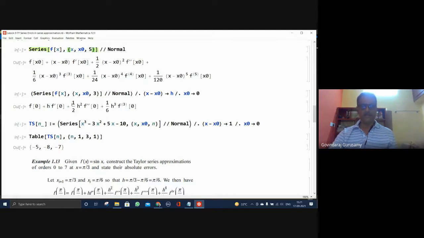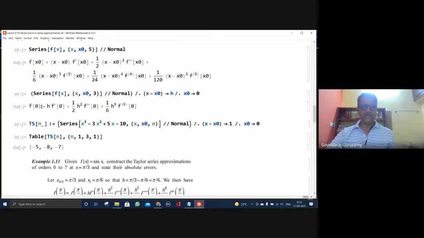Once I know that, I will substitute x minus x0, which is equal to h, which is already available in every term. Is it not? I have x minus x0 here in the series. Substitute them. I have taken up to 3, and this is the actual expression that you have, which is similar to what we have seen.